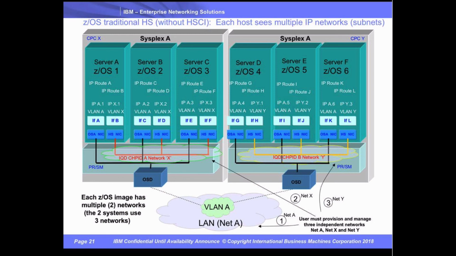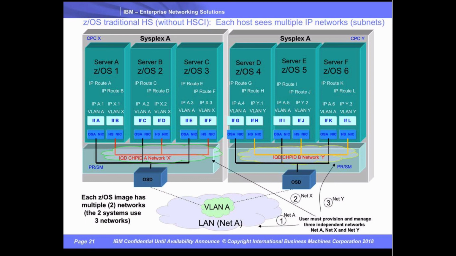So I have X, Y, and A, 3 networks, a very simple configuration. Every LPAR has 2 IP interfaces, IP routes, all the attributes you need to maintain them, all the administrative overhead of maintaining 2 interfaces per LPAR, 3 networks for the administrator of these 2 systems. So this is the way it works today.